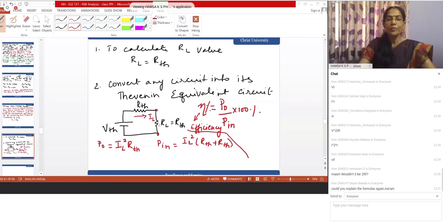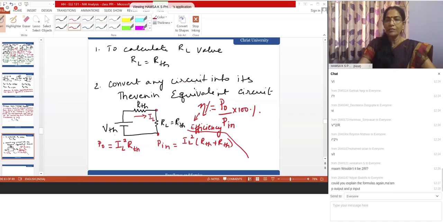So what is the output power? Output power is the power across the load. We are calculating the power across this, so we can use any formula, V into I or I squared R or V squared divided by R. Since I have already calculated IL, I am using that one, right? So output power will be IL squared into this resistance, RL. In this case, we have replaced RL with RTH. So IL squared RTH. That is the output power.